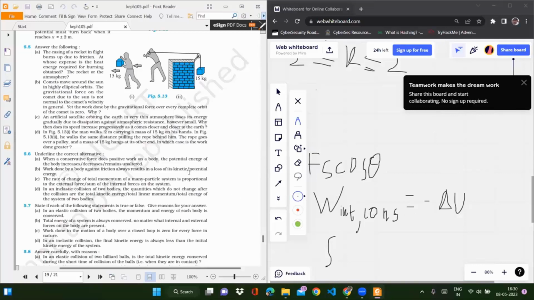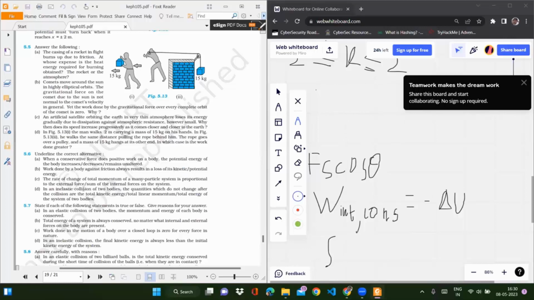And friction actually opposes the relative motion. As the body is moving, the friction will oppose or resist the motion and decrease its speed. As the speed decreases, the kinetic energy will decrease, resulting in a loss of kinetic energy.